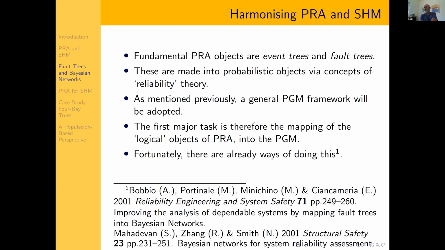And fortunately for us, there were already some really good ways of doing this. I think the two main references that I'm aware of, we're aware of, are those by Bobbio and his co-authors in 2001, and Shankar Mahadevan, who spoke earlier in this sequence as well. And these are all about Bayesian networks in a system reliability context.